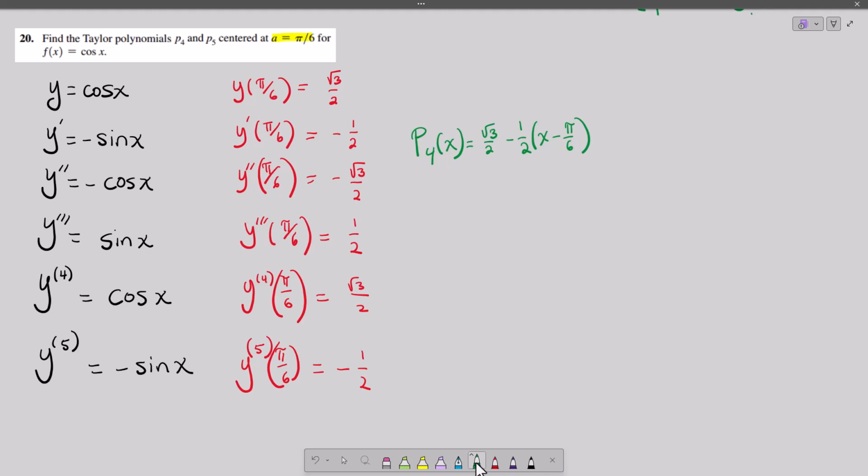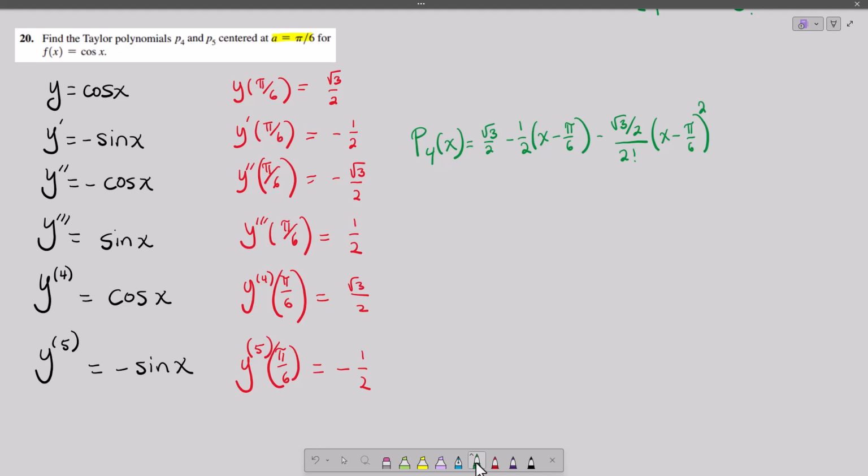To get to p sub 2, we keep on trucking. So we're going to have minus root 3 divided by 2, but then divided by 2 factorial, multiplied by x minus pi divided by 6 quantity squared. There's p sub 2. The best quadratic approximation, and we just keep on going.